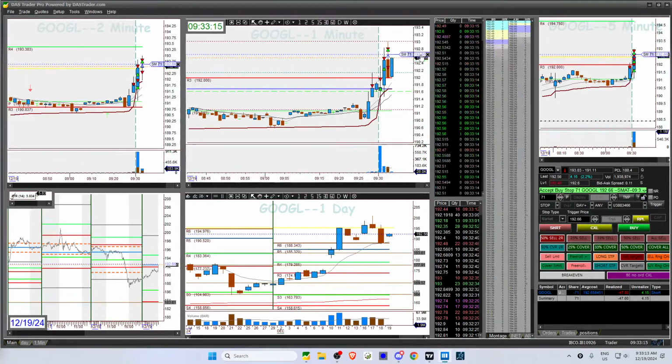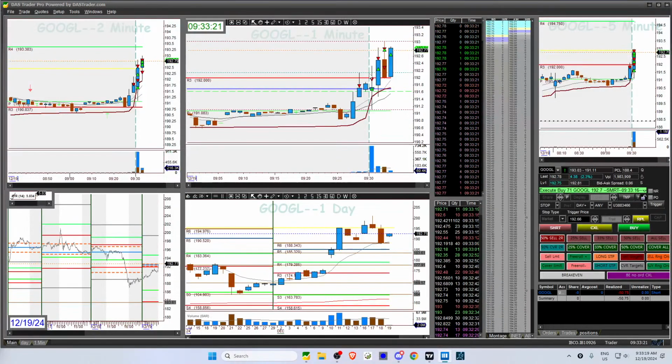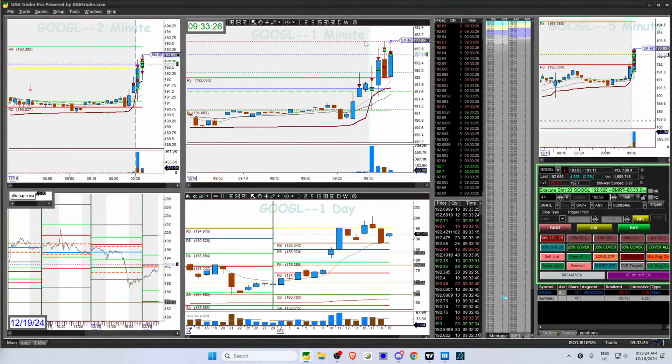Still waiting for AMD. MSTR is right at that R3, right? Still holding up under the open price. It's looking more interesting. But I don't know.